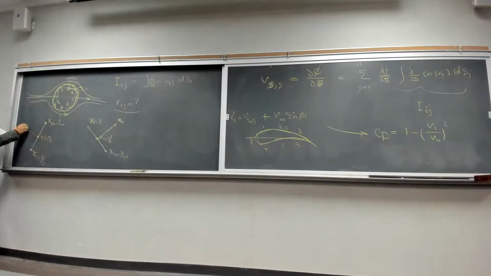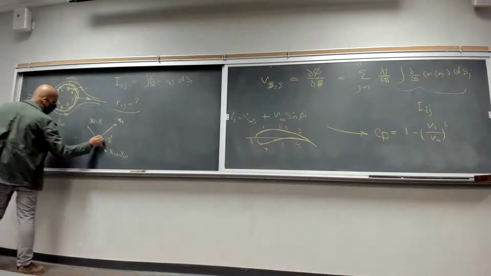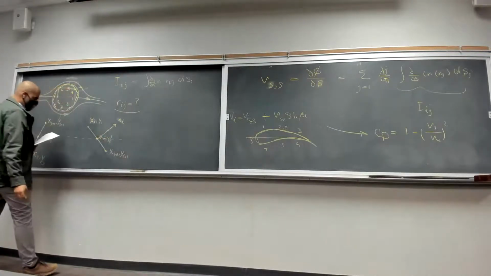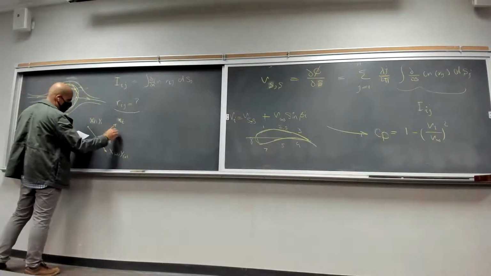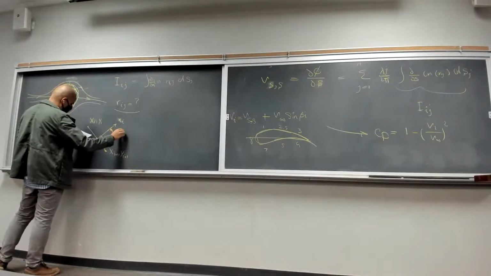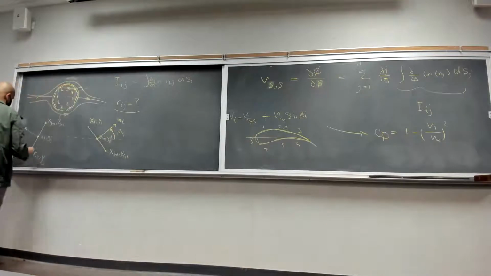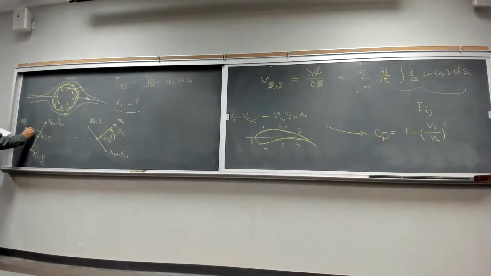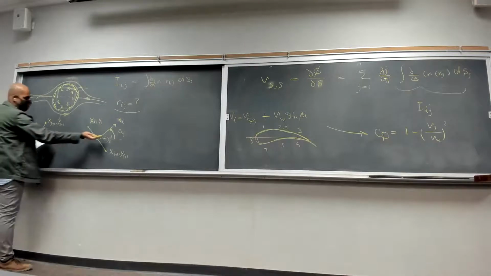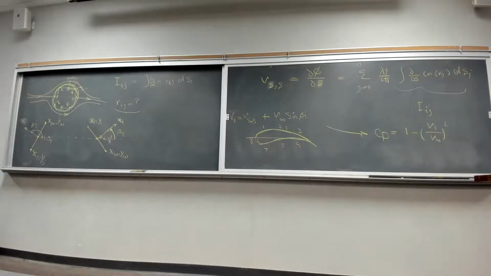This is your normal vector for panel j, n of j. And the flow is in this shaded direction. So this will be your beta I, and this will be beta j. Because this is where you start your beta. Keep that in mind. Beta I, beta j.